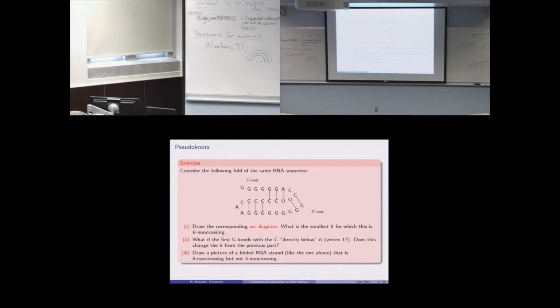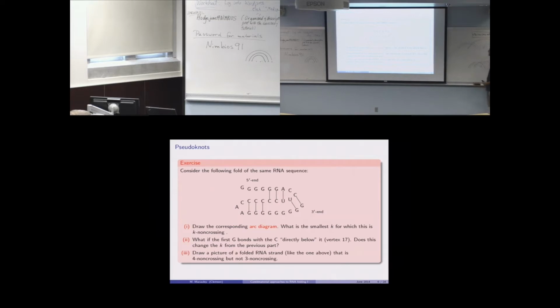It is 3 non-crossing. Does everyone agree with that? You can find 2 arcs that mutually cross. You can't find 3 that mutually cross. Is that clear what I mean by that? Does anyone have questions? OK. So my next question is, what if the first G bonds with the C directly below it? What if this thing folds down and bonds here?